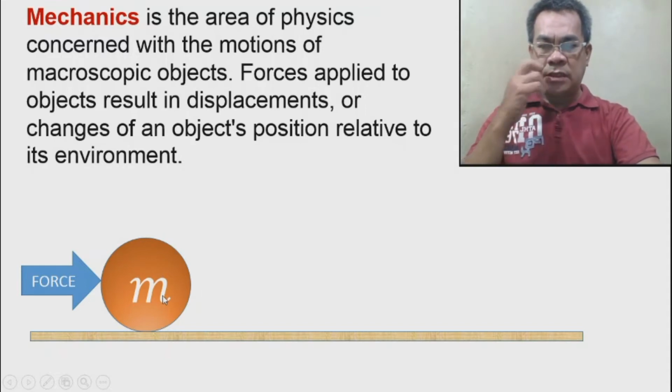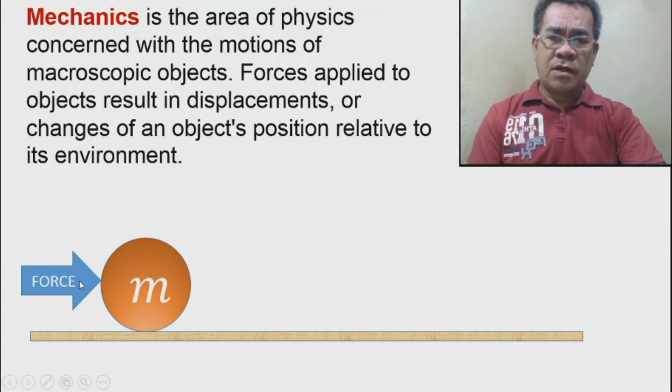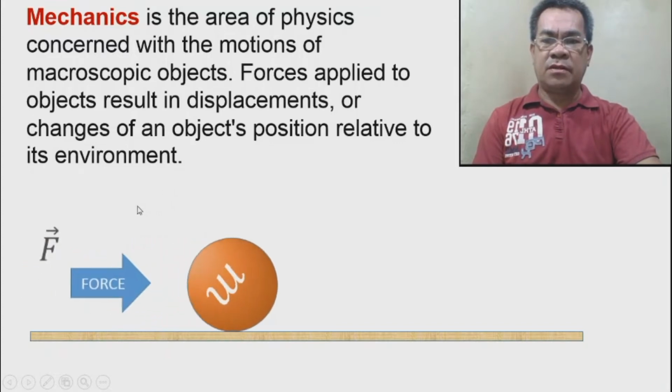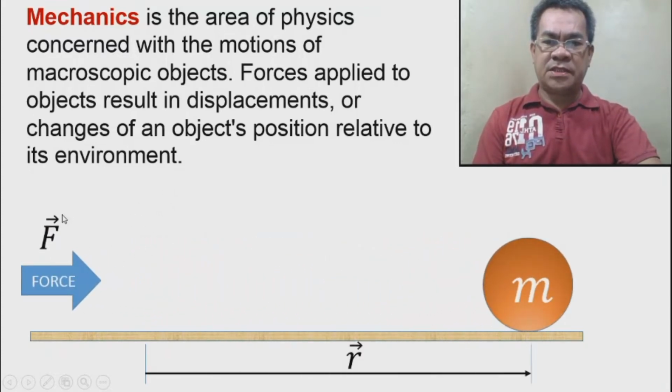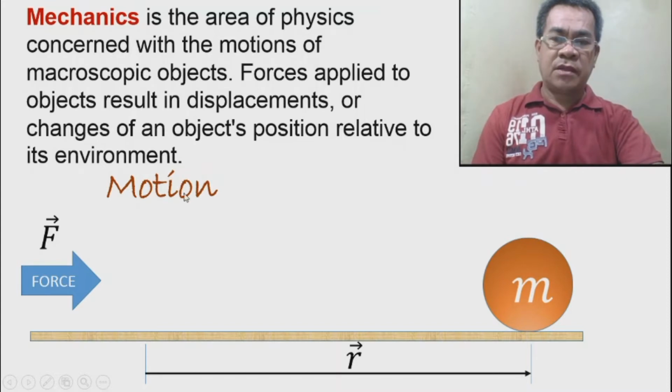Once these two particles interact with each other, if the force is enough to produce a change in position, then there will be a motion. So the applied force is able to move the body with a displacement, and therefore we have the motion. The motion is actually part of mechanics.